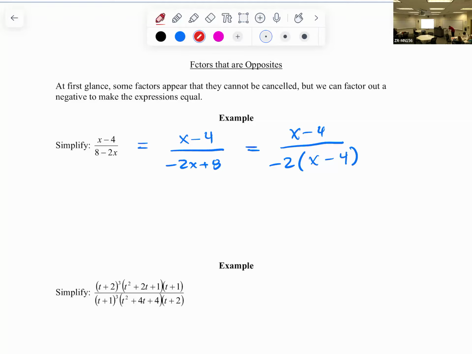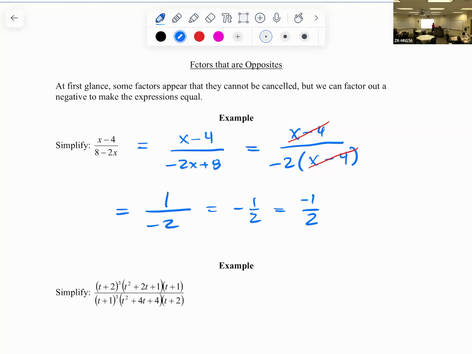Once again, I have an x minus 4 here and x minus 4 here. There's definitely a -2 left in the denominator. What's left in the numerator? 1. Remember, there's always a 1 there. So that becomes 1 divided by -2, or -1/2. Remember, all of those are equivalent as well.